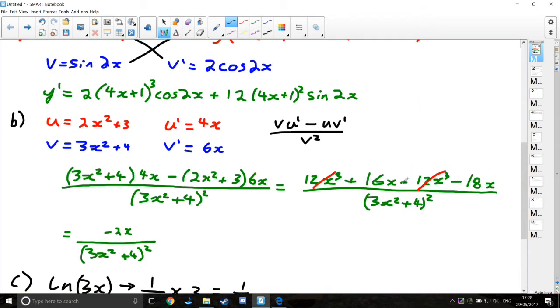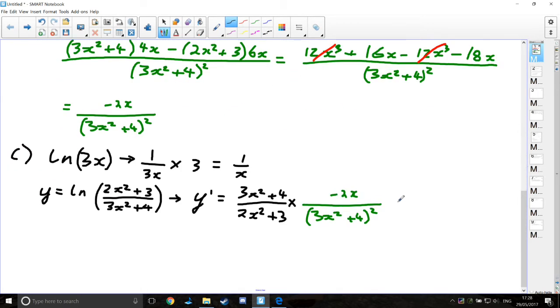Right. And we're pretty close to the end of this now. It's not asking for it in a particular form, so I'll just write it as minus 2x (3x squared plus 4) divided by (2x squared plus 3) times (3x squared plus 4) all squared.